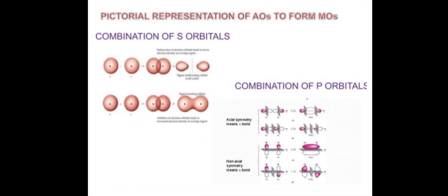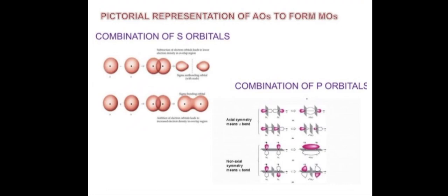So this is represented as psi square and psi star square. What is psi? Psi means bonding molecular orbital, psi star means antibonding molecular orbital. Now the very important relation between psi and psi star is represented by psi square is equal to psi star square plus 4 psi a psi b.